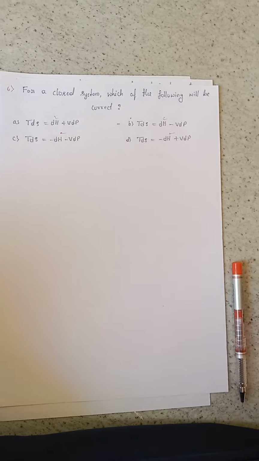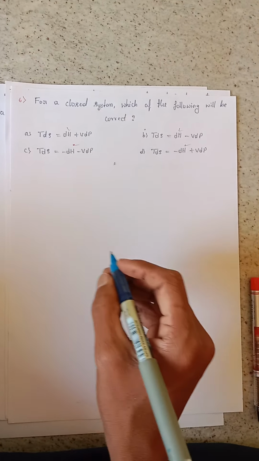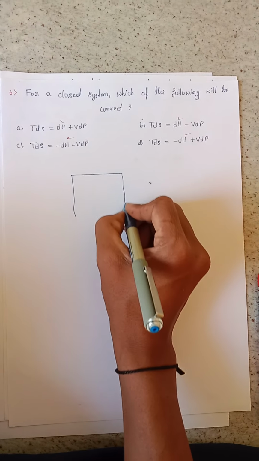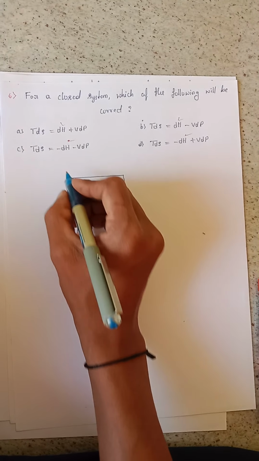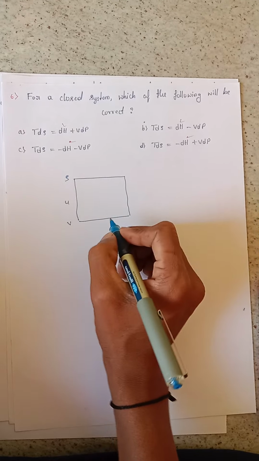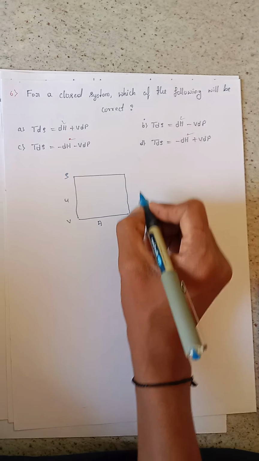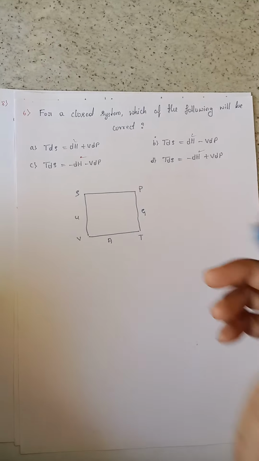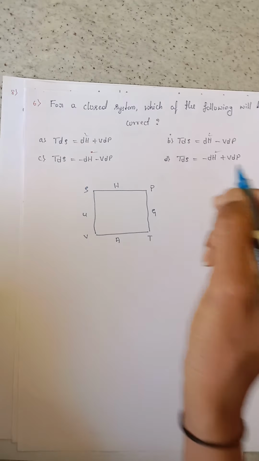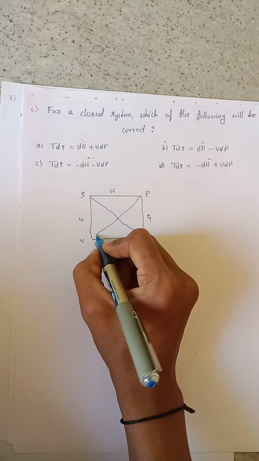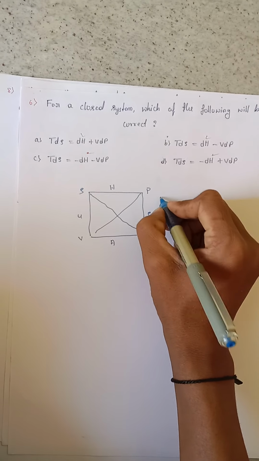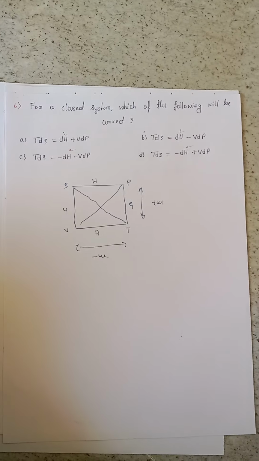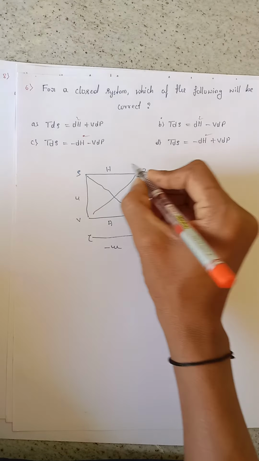Now you should find the correct value of delta H. We know the easy trick for Maxwell's relations: S U V, V A T, P G T, S H P. Above and below is positive, horizontal movement is negative.